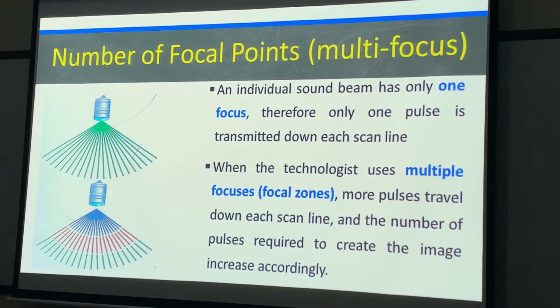So this one right here, go and return medium, go and return deeper. So now it's taking this one image, instead of just boom, boom, boom, going back, now it's shallow, medium, deep on one scan line. When the technology uses multiple focuses or focal zones, more pulses travel down each scan line, and the number of pulses required to create an image increases. We're good there, guys?